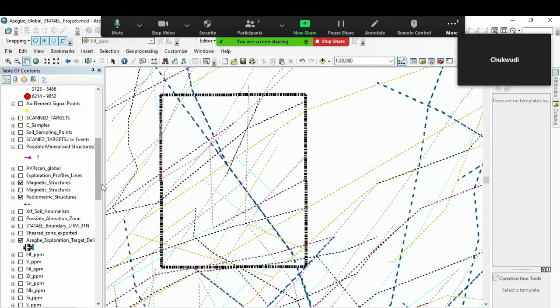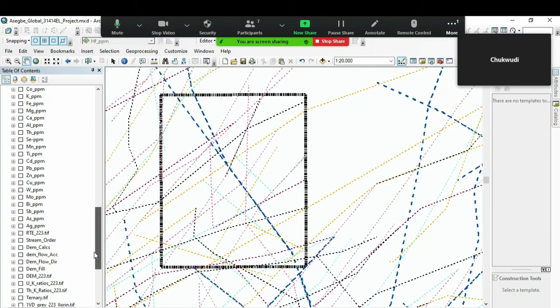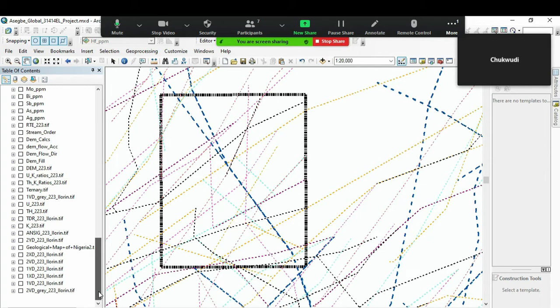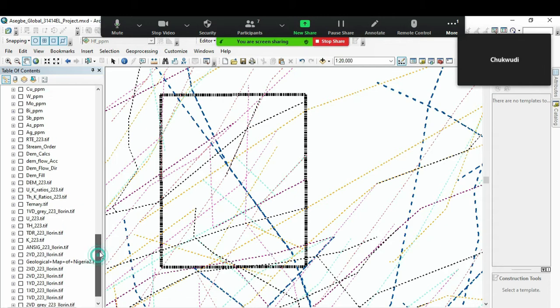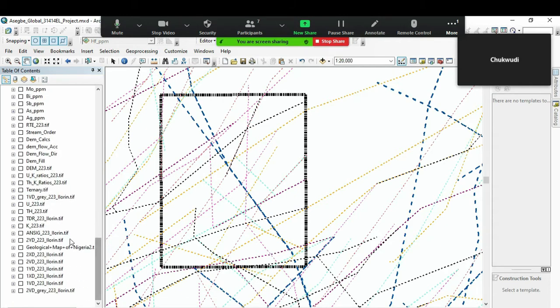Then what we did was to see if you can use radiometrics in looking at the alteration zones. Most of the time there's a mistake we made before, and we try to correct it as the years advance and experience affords you.